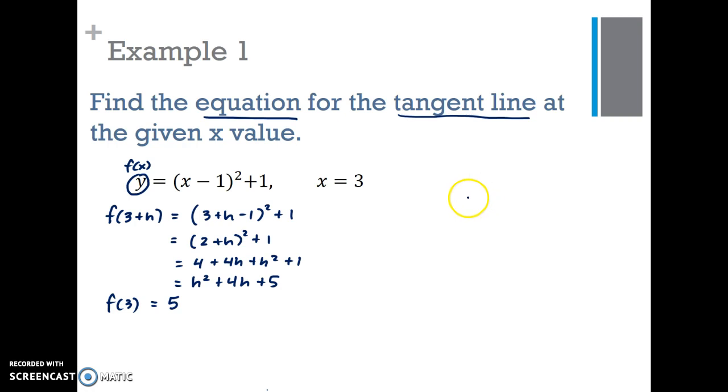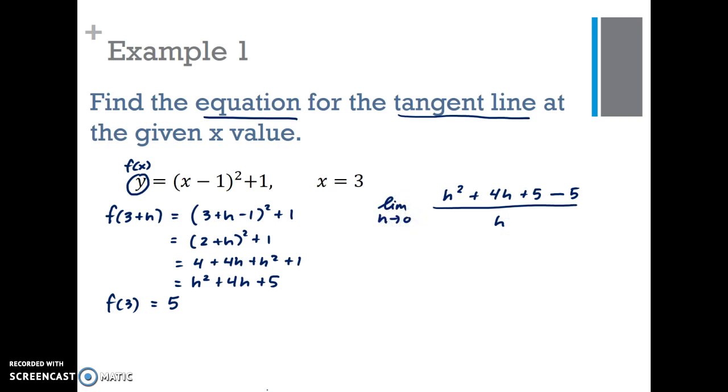So then I set up that difference quotient, so it's going to be f of 3 plus h, which is h squared plus 4h plus 5, minus f of 3, which is 5, all over h, and we're taking the limit of that as h goes to 0.